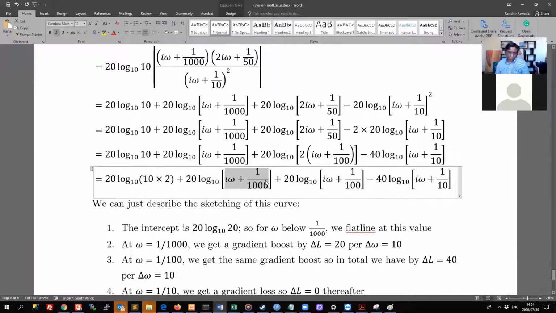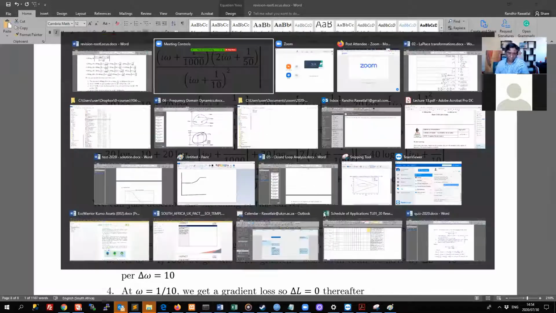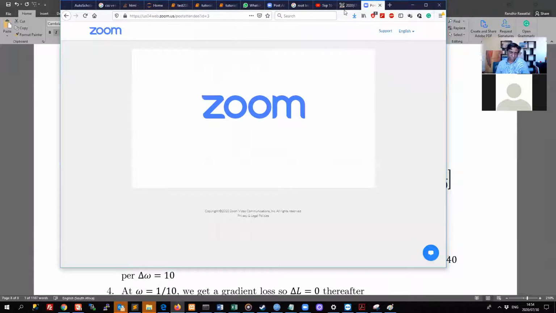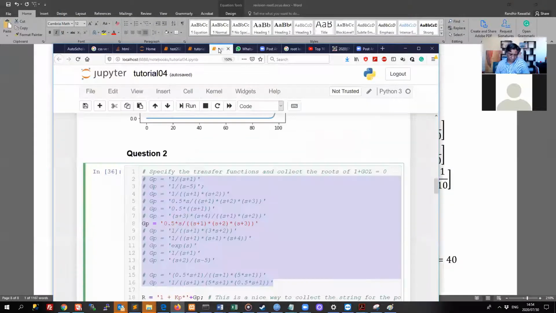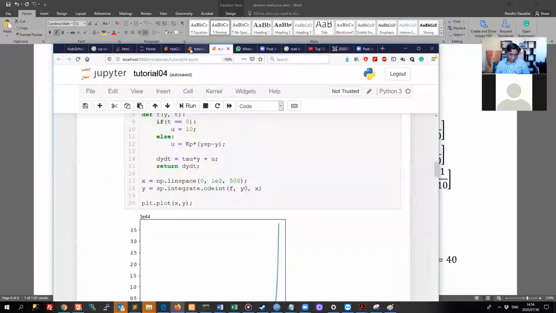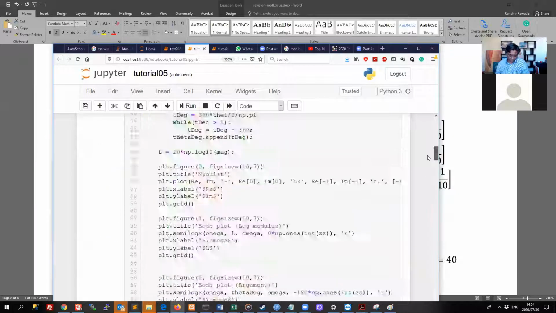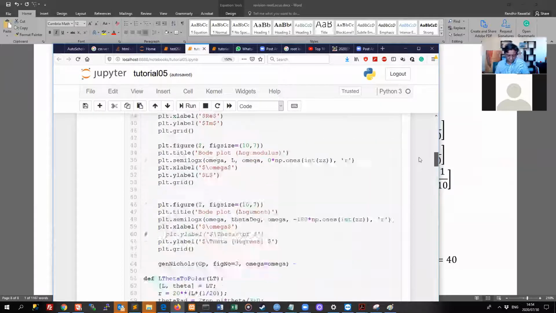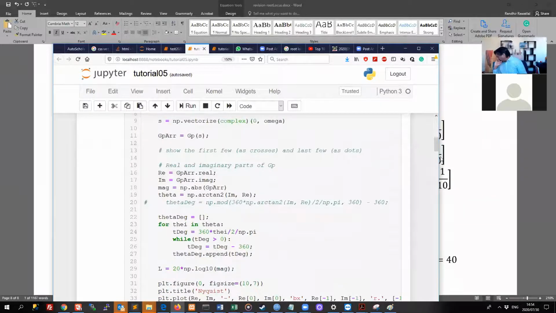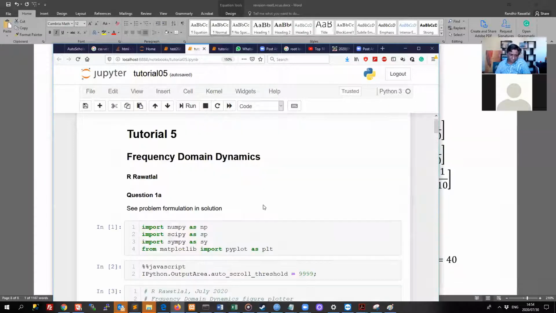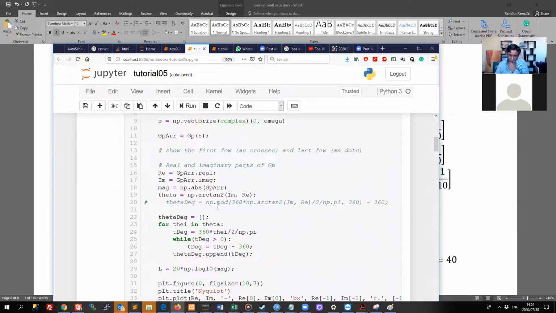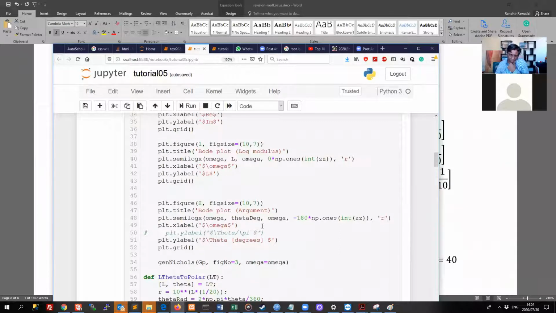And if you look at your Bode plotting, I'm just going to take some simple functions here. For tutorial 5, we have this code for doing all our Bode diagram plotting.